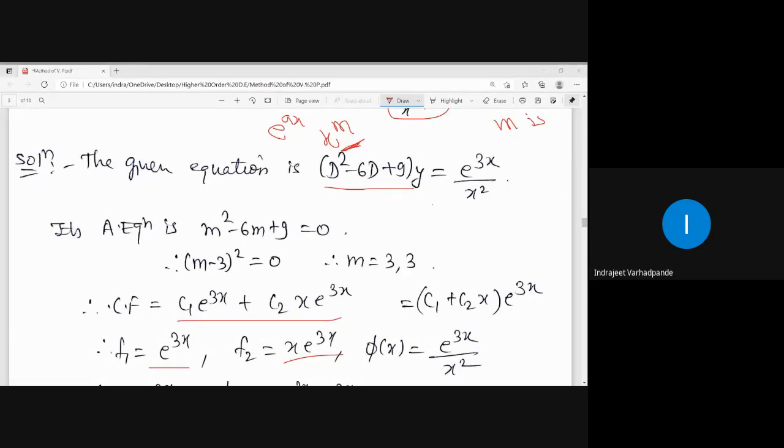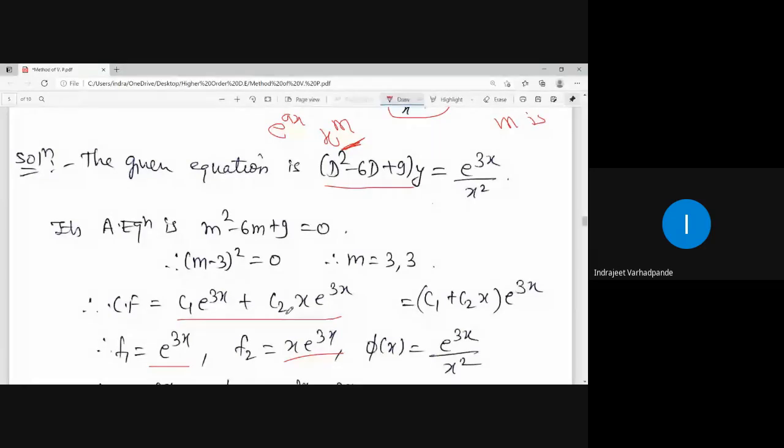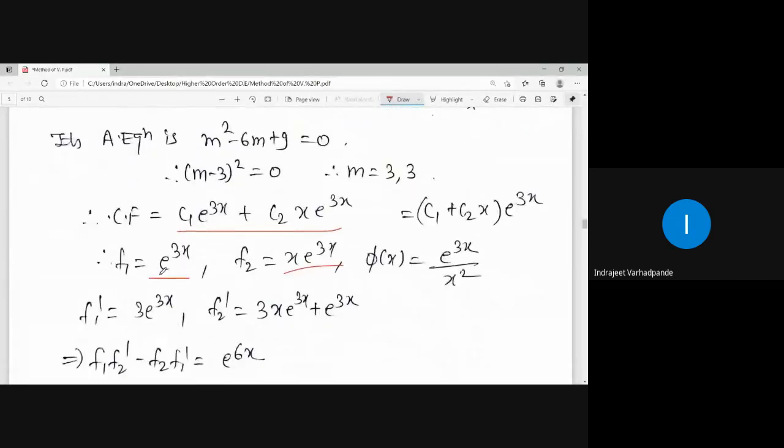Hope everybody is writing down properly. So F1 is e to the power 3x, F2 is x e to the power 3x. The derivative of this is 3 e to the power 3x. Apply the product rule: first into derivative of second plus second into derivative of first.